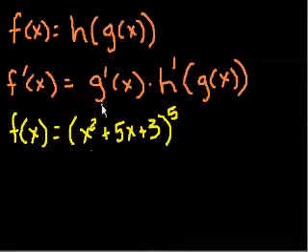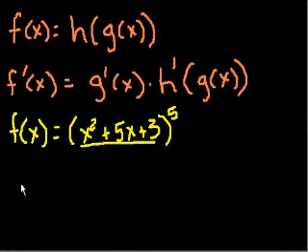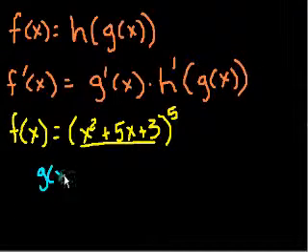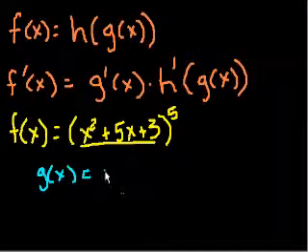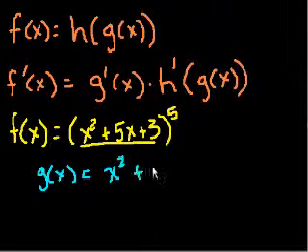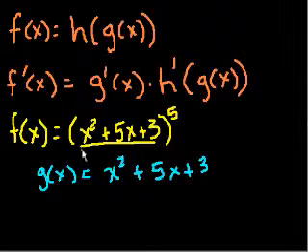Well, let's say g of x would be this inner function. G of x here is x squared plus 5x plus 3. Right? It's this stuff. That's g of x.